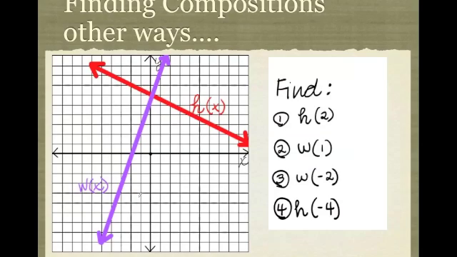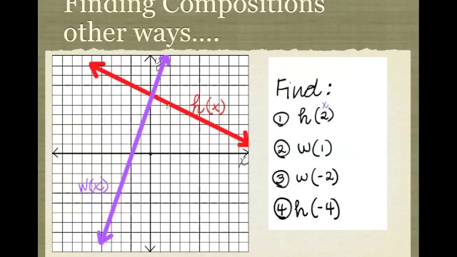There are other ways to find compositions as well. You can do it graphically. For example, here I have two functions graphed. The red one is named h of x and the purple one is named w of x. h of 2, remember whatever's in the parentheses is your x value.